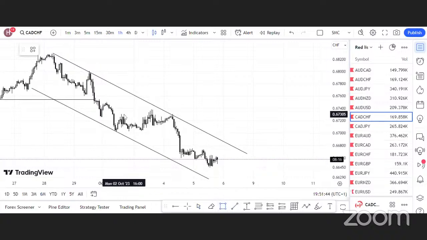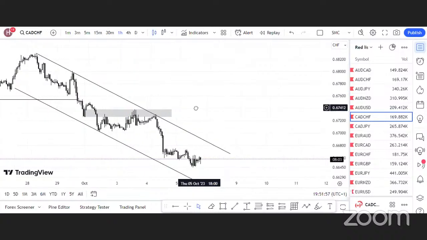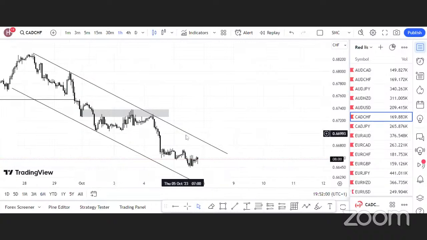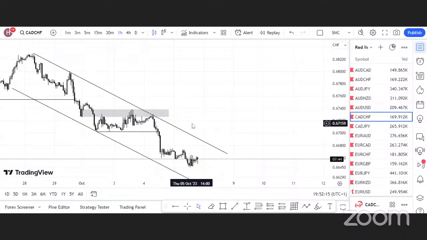So we have this here. This is good. It broke out of this area, resistance, support, and the support got broken, isn't it? So my guess now is this market will come back to retest where it got broken.